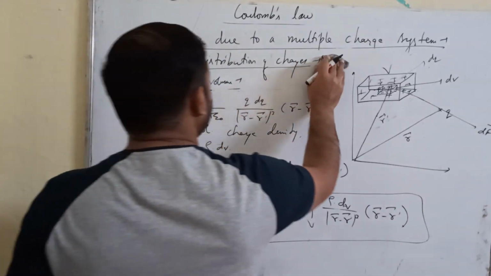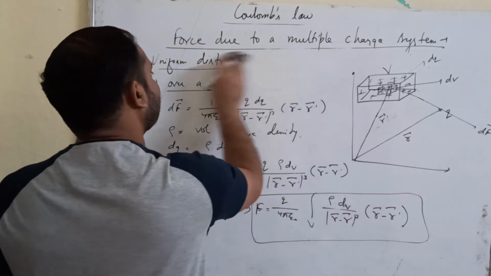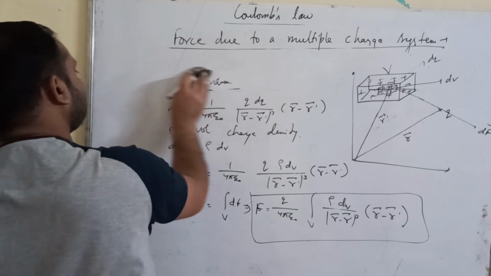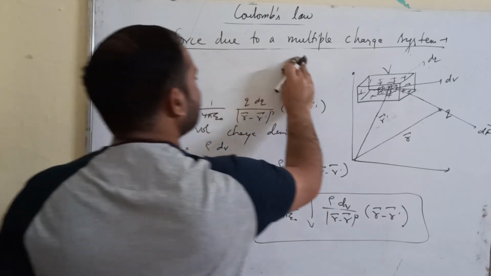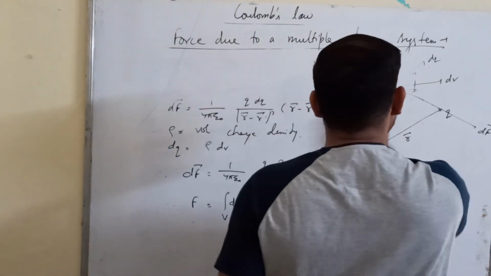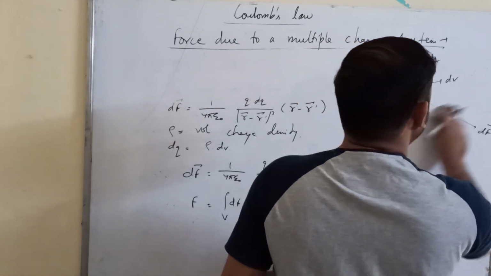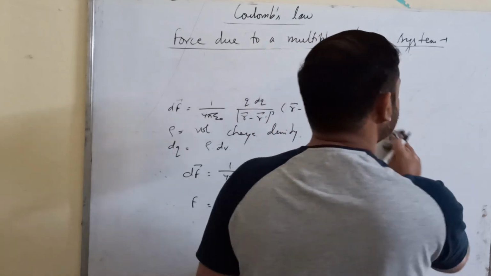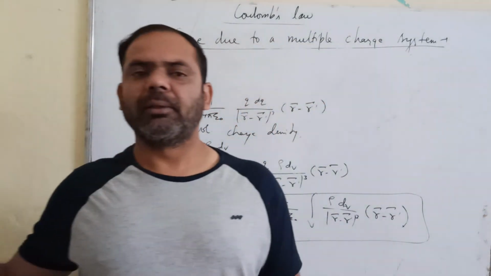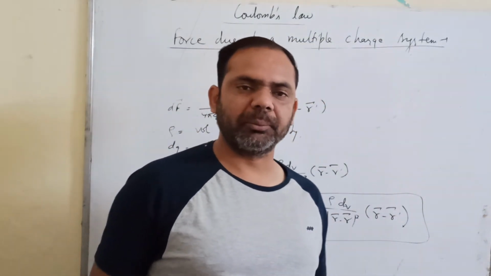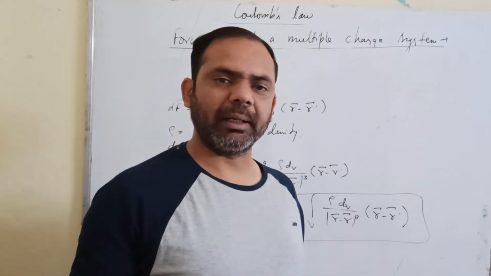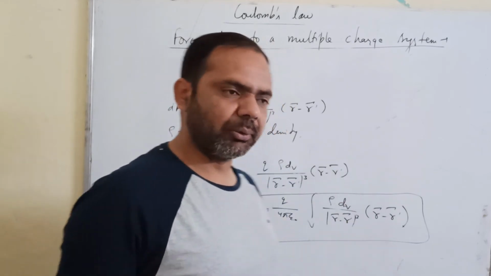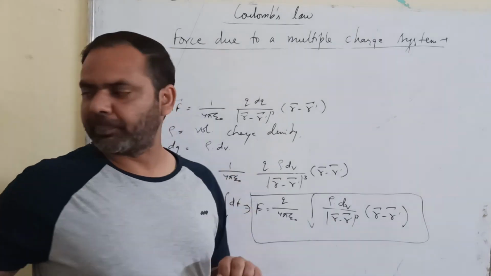Now suppose we have a charge located at some point, and near that charge there is a random distribution of charges, a uniform distribution of charges over a line, over a surface, and over a volume also, meaning all four conditions are present.